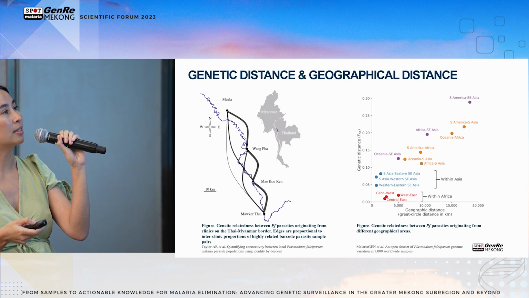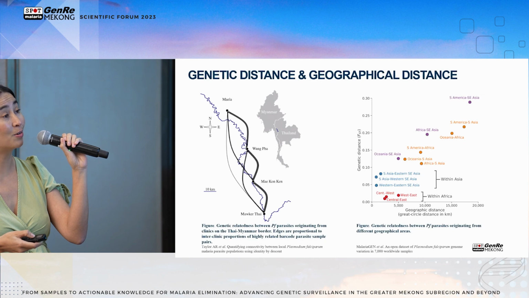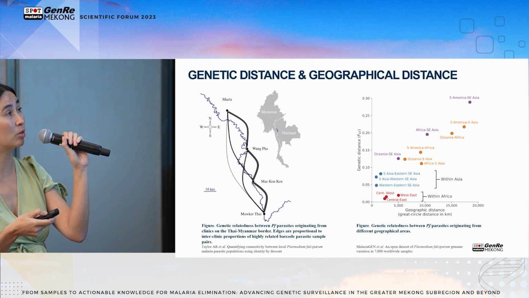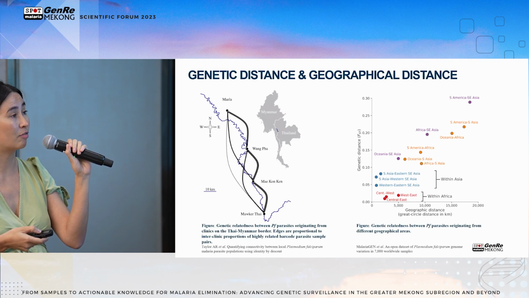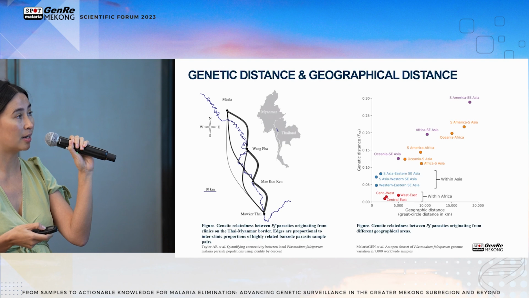What you can see is that samples that were, for example, collected in South America and Southeast Asia were most geographically separated from each other, as well as most genetically dissimilar. And for example, here you see samples from Central and East Africa that are closer in geographical distance and also more genetically similar.